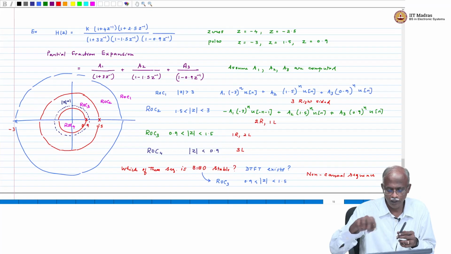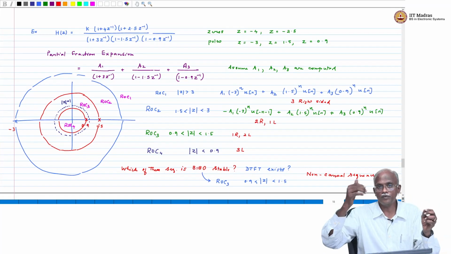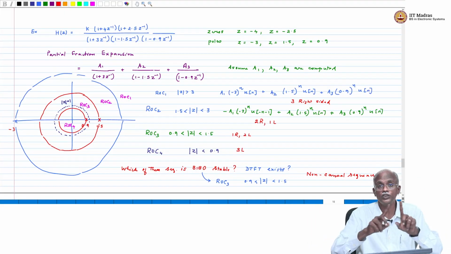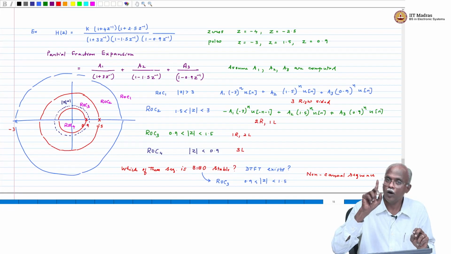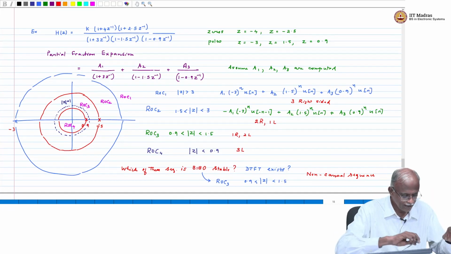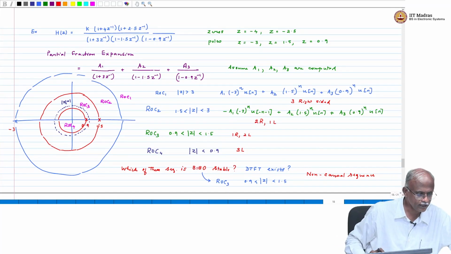In this case, there are three concentric circles, so therefore there are 4 regions. 4 ROCs can be thought about, and each of these ROCs will have a unique characteristic in terms of number of right-sided sequences, number of left-sided sequences, and also which of these sequences is BIBO stable. Only one of them will have the region of convergence that includes the unit circle, and that is where you will find the expression that is of interest to us.